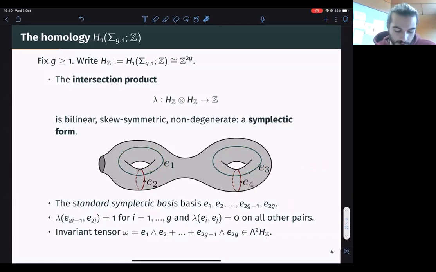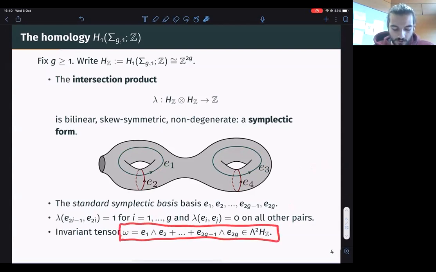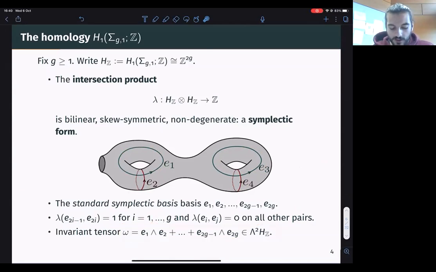The intersection product evaluates as 1 on these pairs and 0 on all other pairs. Dualizing it gives what we can call an invariant tensor, this omega, which is e_1 wedge e_2 plus up to e_{2g-1} wedge e_{2g}, in the second exterior power of H_Z. I call that omega. This omega will appear again and again later.